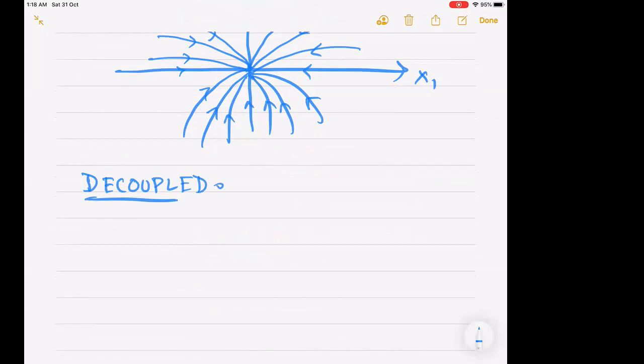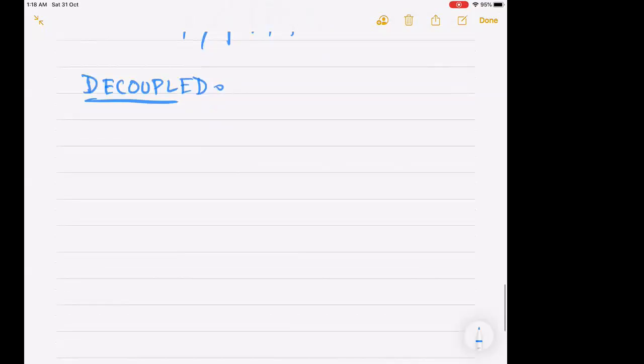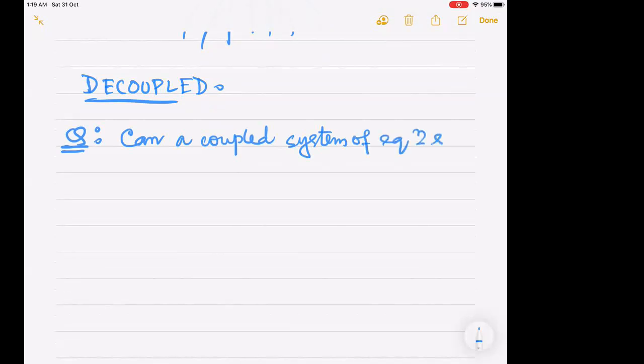The question that we are trying to answer here is that if the system to start with was not decoupled, can it be made decoupled? Can a coupled system of equations be made decoupled?